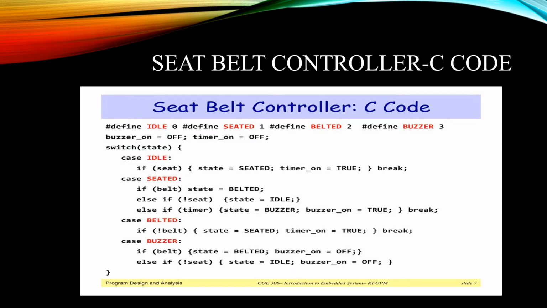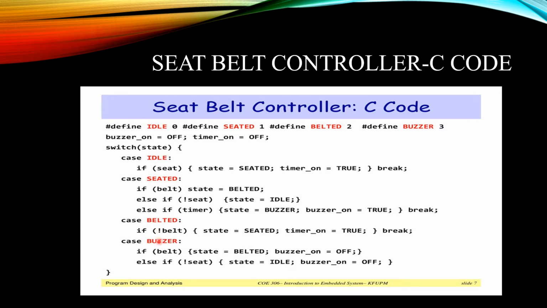Here is the C code for the seat belt controller. We have four states: the idle state, the seated state, the belted state, and the buzzer state.